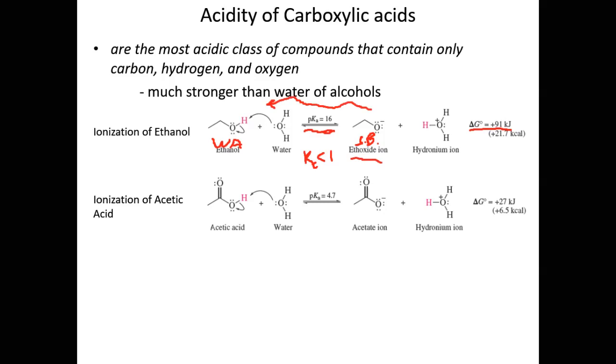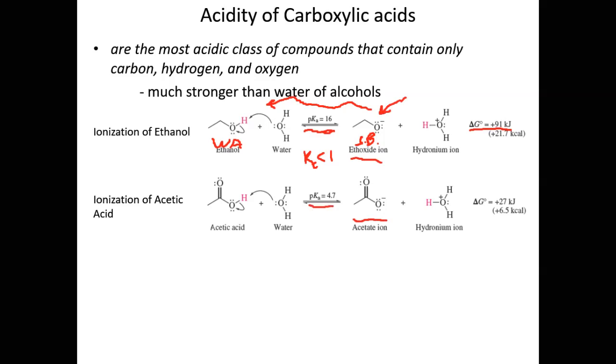Now we have the ionization of acetic acid. And by the way, since ethoxide is a very strong base, it's a very unstable species, very reactive. It's looking for a proton to form ethanol, which is a weak acid. Here, when acetic acid ionizes, we form the acetate ion, and we see that the pKa is 4.7.